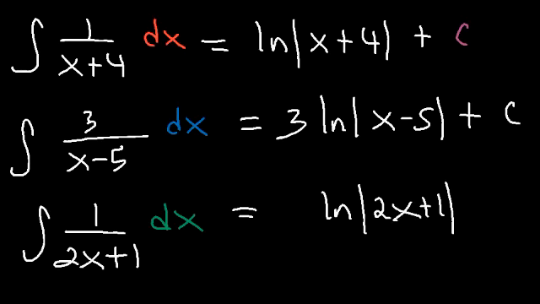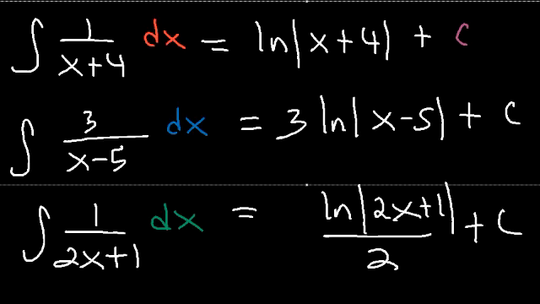Now notice that the derivative of x plus 4 is 1. So you need to divide this by 1, which won't change the answer. The derivative of x minus 5 is 1. However, the derivative of 2x plus 1 is not 1. The derivative of 2x is 2. So you need to divide this answer by 2.